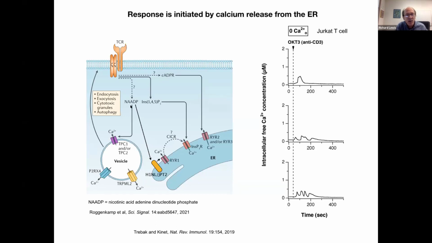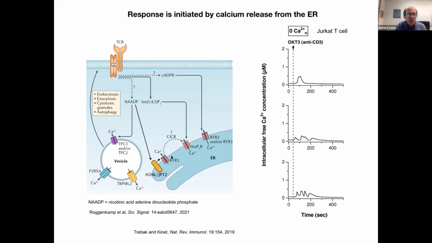Now, this NAADP pathway is less well characterized than the IP3 pathway. For example, the enzyme that creates NAADP has not yet been reported, but recent work has uncovered a protein, HN1L or JPT2, in the ER that appears to bind NAADP and couple it to activation of the ryanodine receptor.